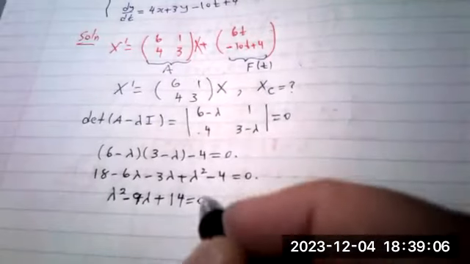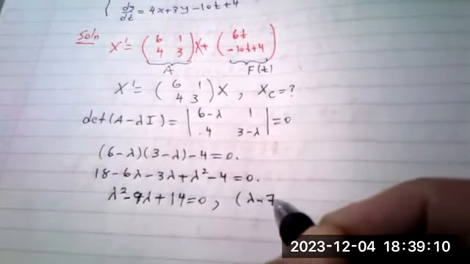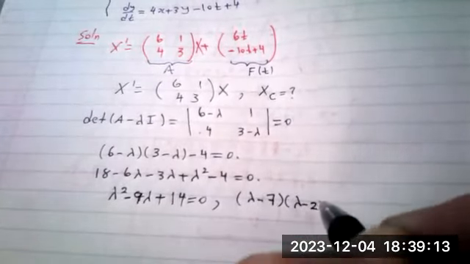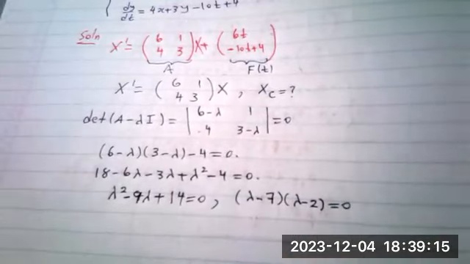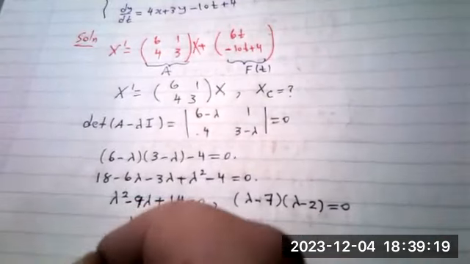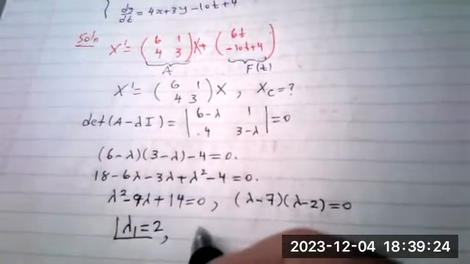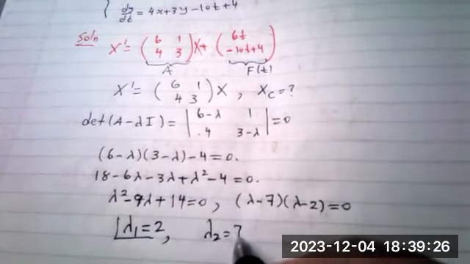So it's factorable. We get lambda minus 7 times lambda minus 2 equal to 0. So we have two eigenvalues. The first eigenvalue, lambda 1, is equal to 2, for example. The second eigenvalue is going to be 7.